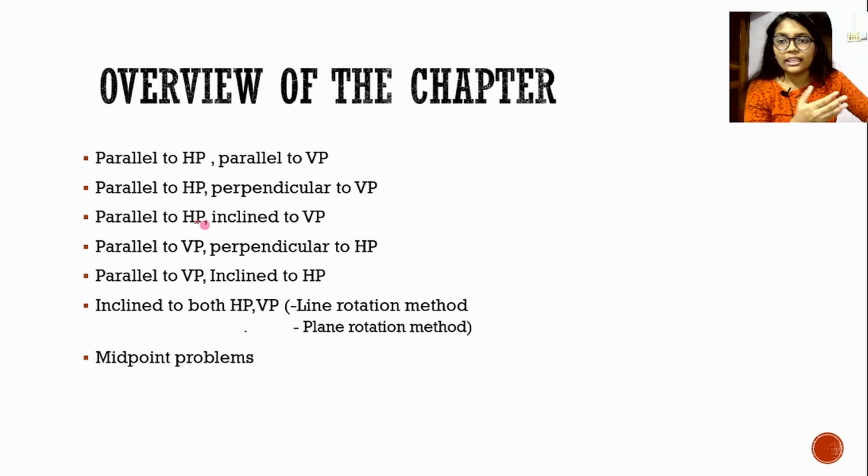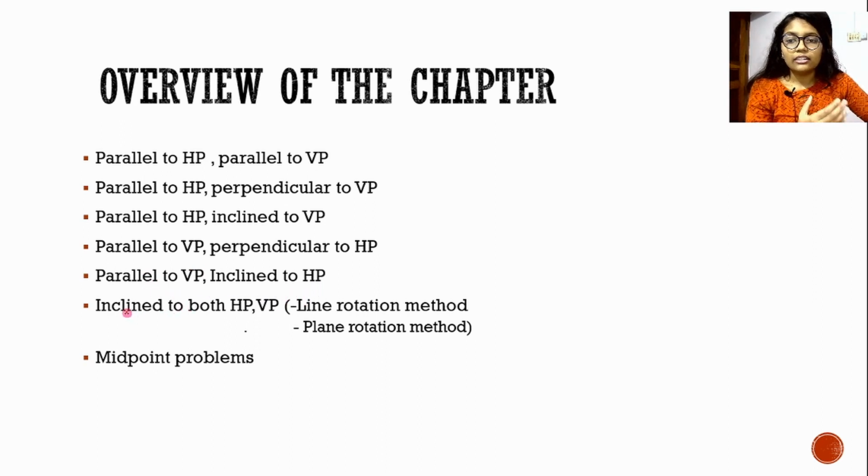As you can see here, parallel to HP and parallel to VP. That is, our line is kept parallel to both the planes, okay, and parallel to HP and perpendicular to VP. Later our line is parallel to HP and inclined to VP, and parallel to VP, perpendicular to HP, and later parallel to VP and inclined to HP.